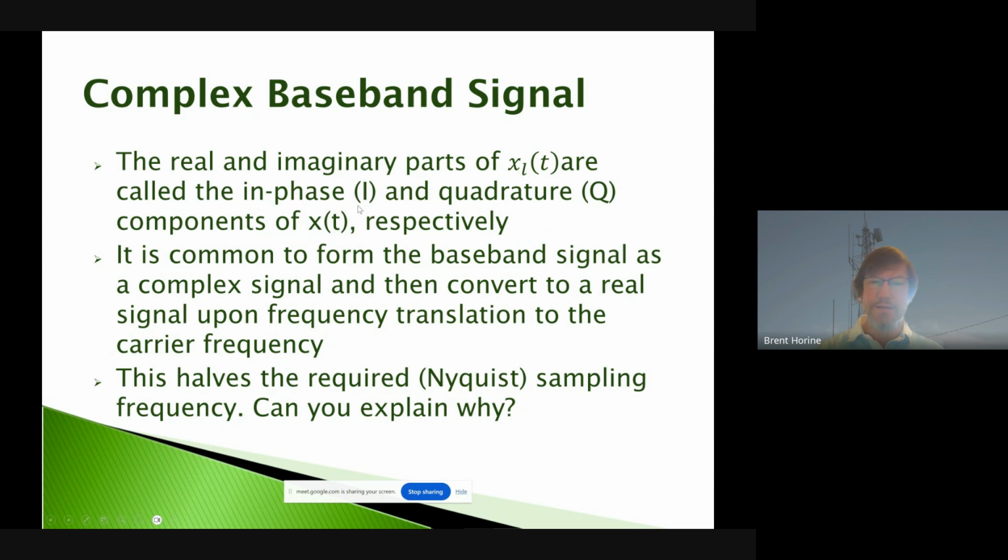Let's work with megas, right? So if it's a 20 megahertz signal, we would need to sample at 40 megasamples per second. But we could sample the I portion at 20 megasamples per second and the quadrature portion of the signal at 20 megasamples per second, right?